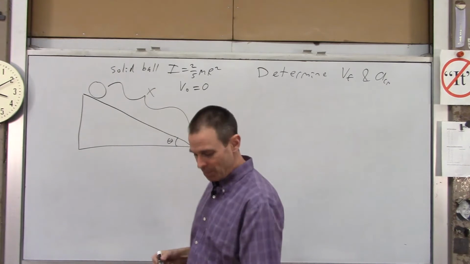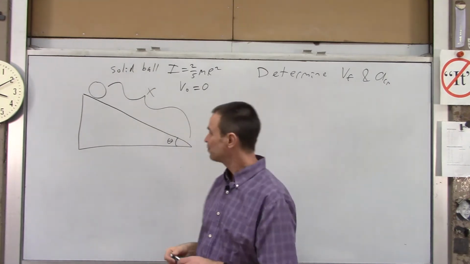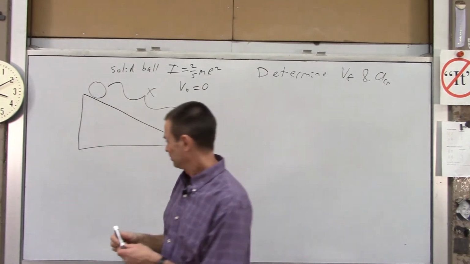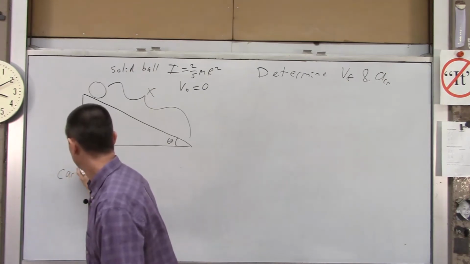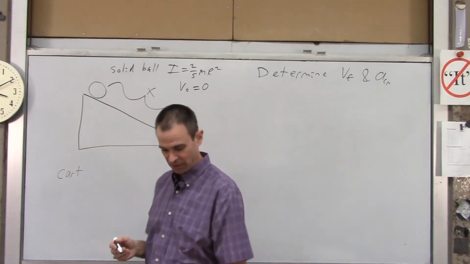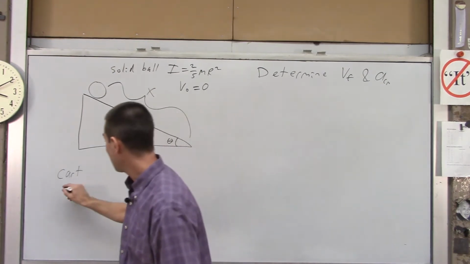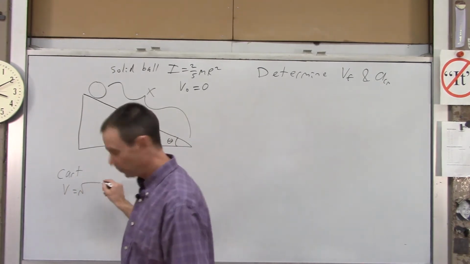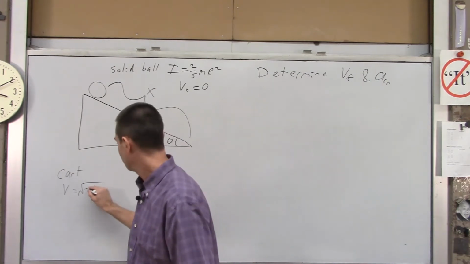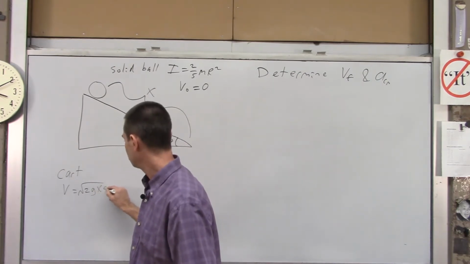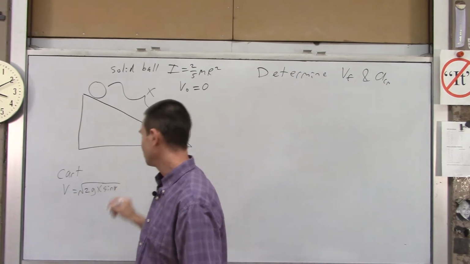Now, I will make a note here. If this were a cart, the final velocity of a cart would be root 2 g x sine of theta.